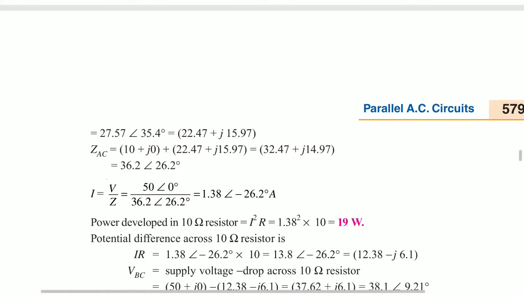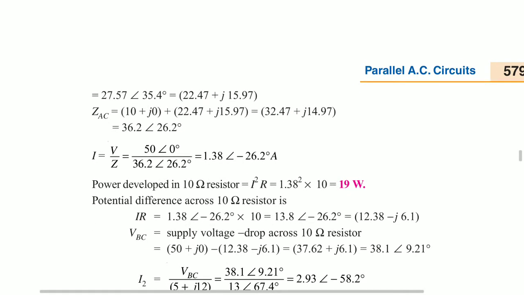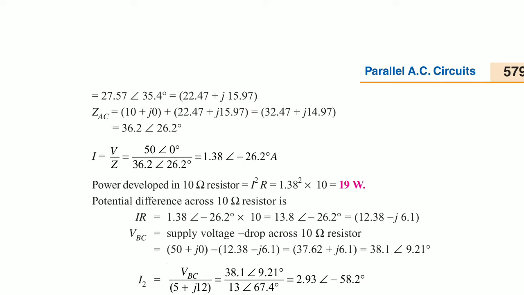So ZAC is equal to ZAB plus ZBC. ZAB is 10 plus J0 plus ZBC is 22.47 plus J15.97, that is equal to 32.47 plus J14.97, that is equal to 36.2 angle of 26.2 degrees.